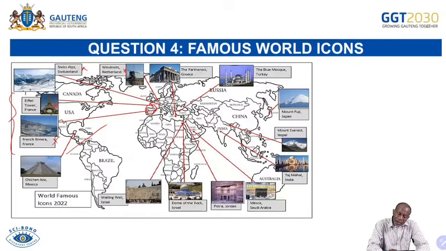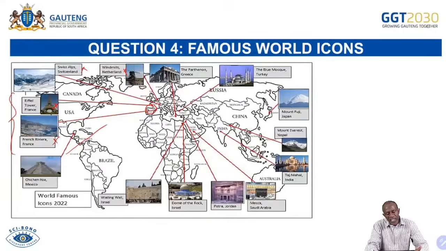Not in Africa per se, but in Asia, you have the Dome of the Rock in Israel, the Wailing Wall, Petra in Jordan, Mecca in Saudi Arabia, the Taj Mahal in India, as well as Mount Everest in Nepal, and Mount Fuji in Japan.